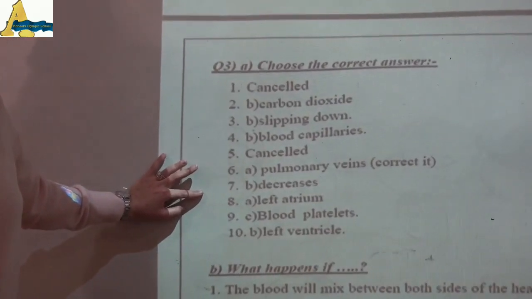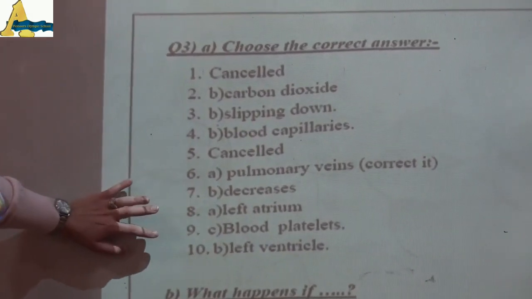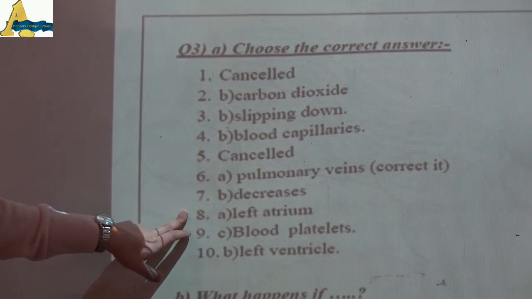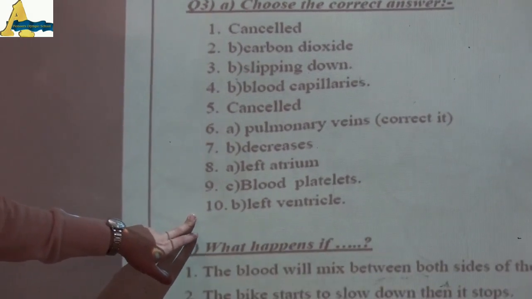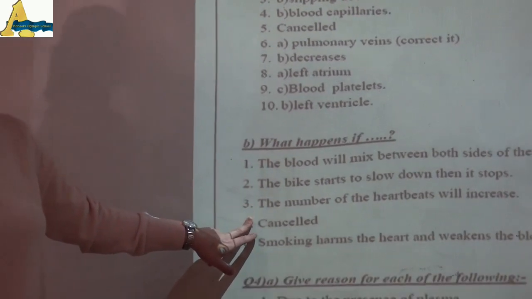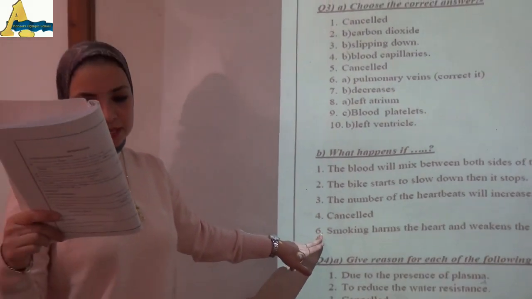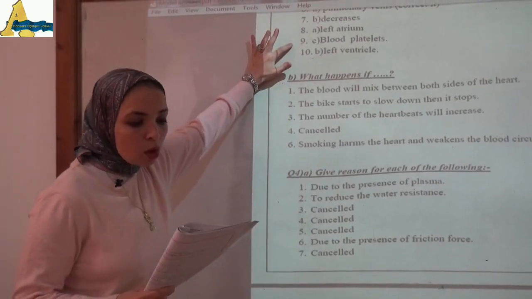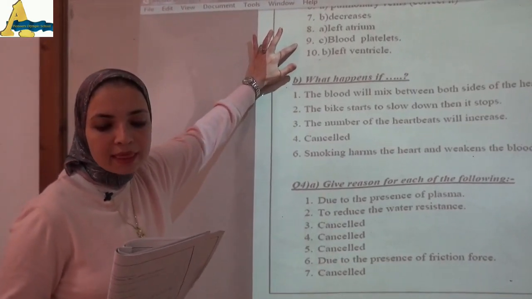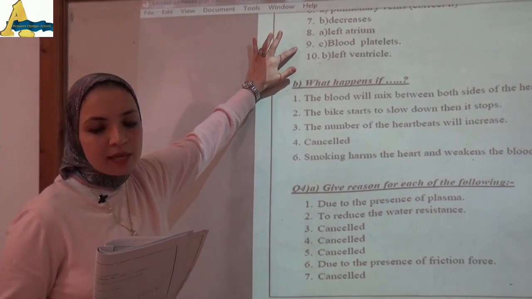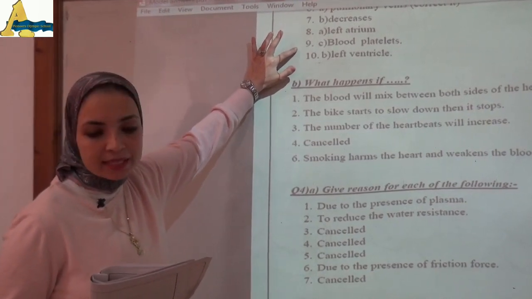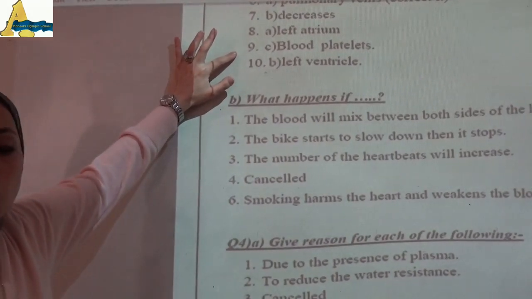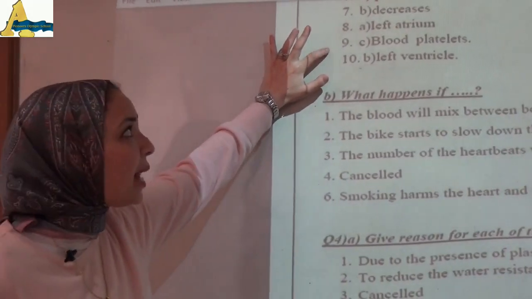Yes, it's the left atrium, okay? It receives the oxygenated blood through what? Through the pulmonary veins, okay? Number 9, what coagulates blood when the body is wounded? Yes, the blood platelets, which help in the coagulation of blood or formation of blood clots.